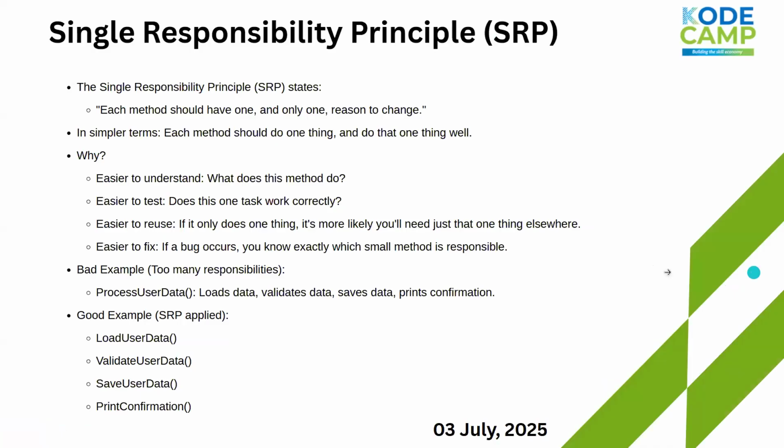All right, so the single responsibility principle. In a nutshell, we all have the knowledge of what a method does. You are asked to write a method that adds numbers. I'm going to be using addition as an example a lot.